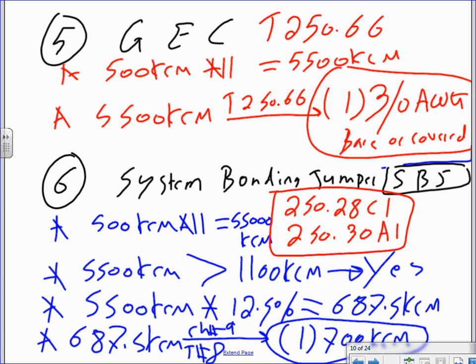And why did we multiply by 12.5%? These sections will tell us 12.5% all the time. If your answer to this question is yes, if you are less than 11 kcm, where do you go? Table 250.66.